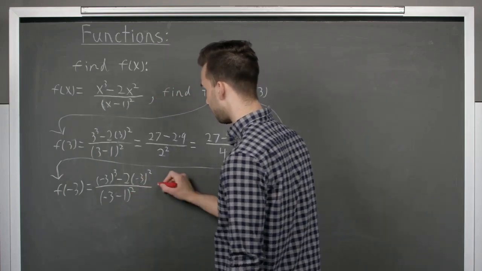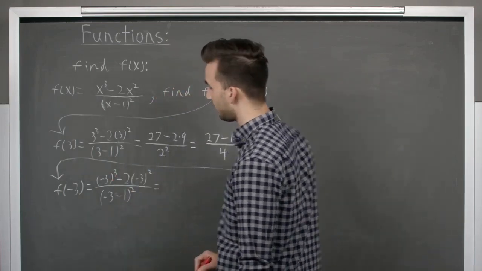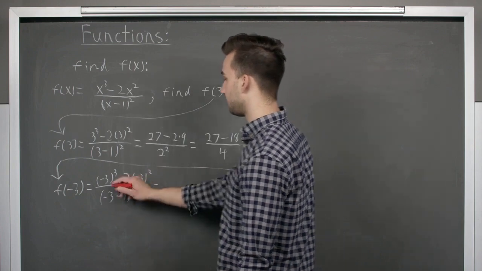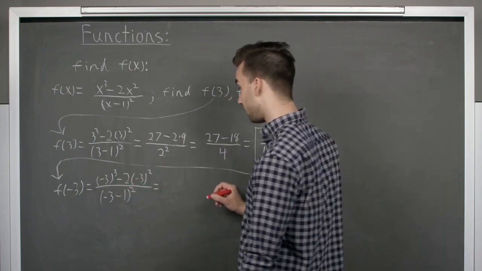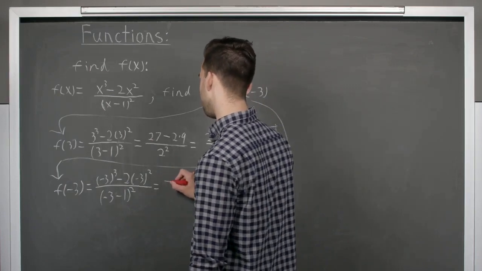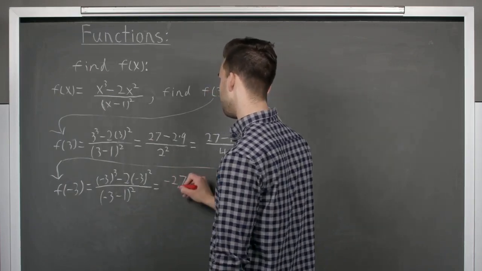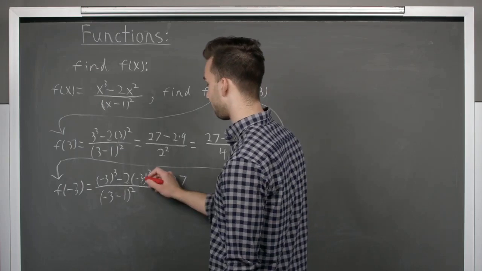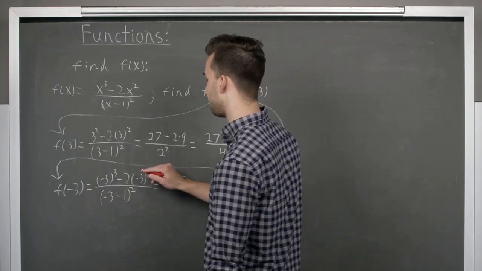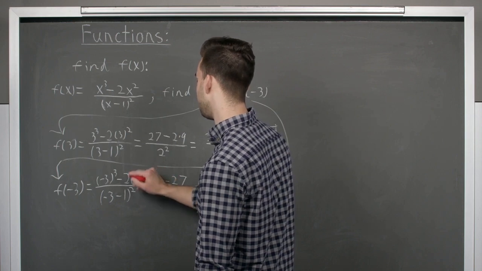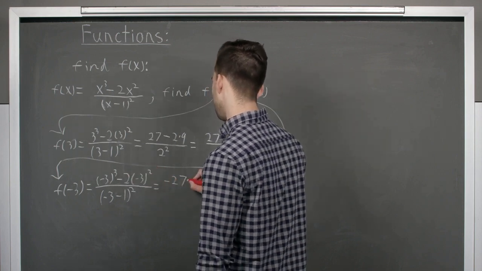So let's simplify this. Well, negative 3 times negative 3 is positive 9. And then if we multiply that by one more negative 3, that gives us negative 27. So negative 3 squared is positive 9. So positive 9 times negative 2 gives us negative 18.